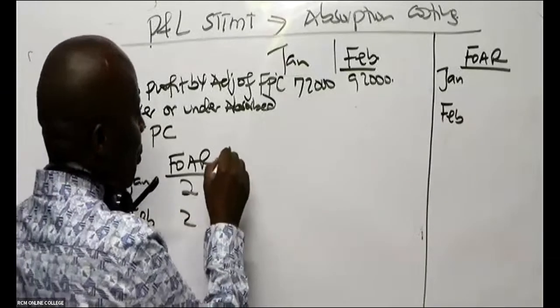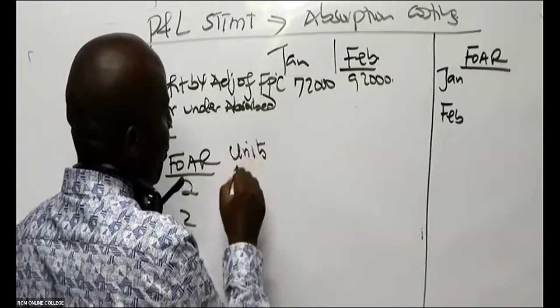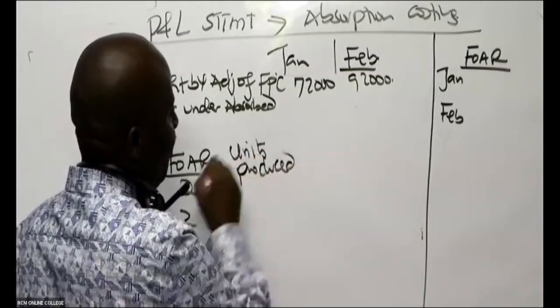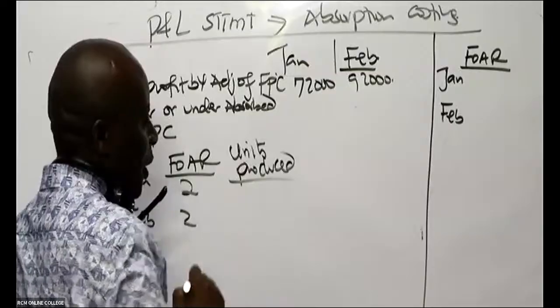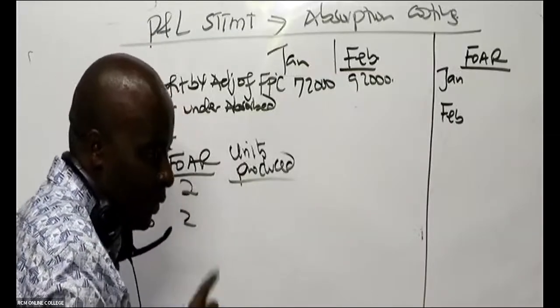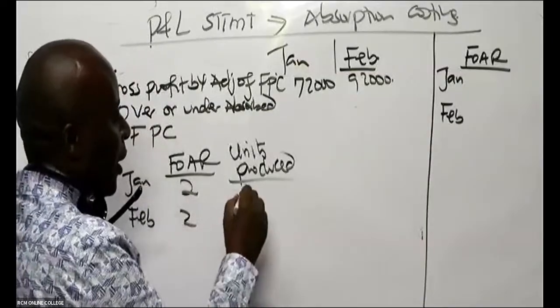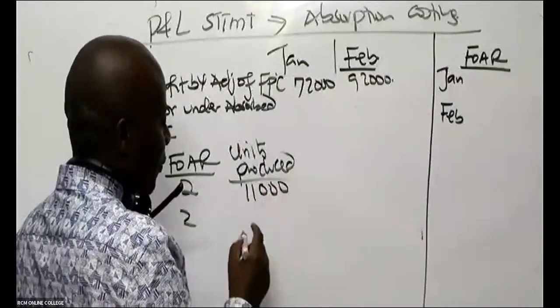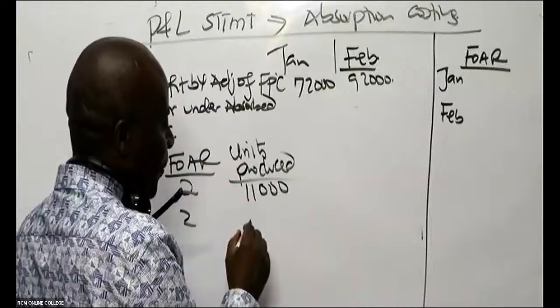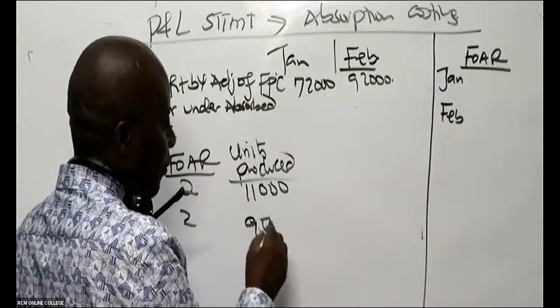Give me the units produced in the period. So January we produced how many units? 11,000, isn't it? February we produced how many units? 9,500.